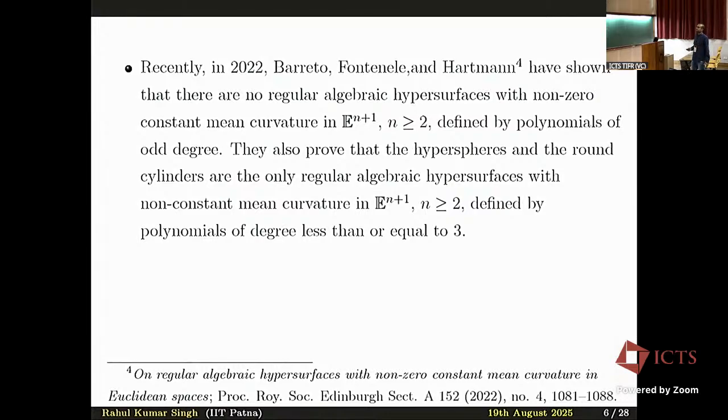In fact, they have also shown that the hyperspheres and the round cylinders are the only regular algebraic hypersurfaces with constant mean curvature in R^(n+1) defined by polynomials of degree less than or equal to 3. But again, their assumption is that the degree has to be less than or equal to 3.